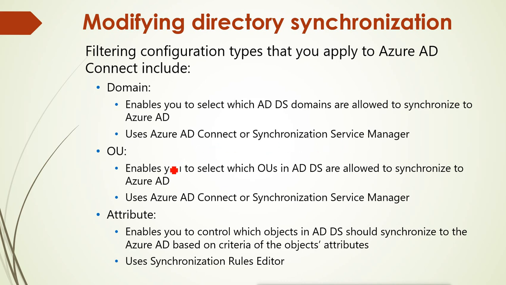Then OUs enables you to select which OUs in ADDS are allowed to synchronize to Azure AD. Use Azure AD Connect or the Synchronization Service Manager. So after configuring this, these options are available in Azure AD.